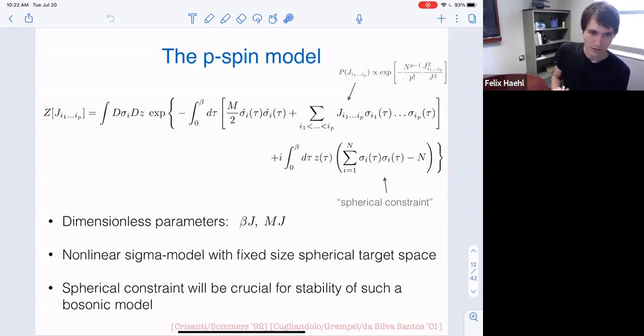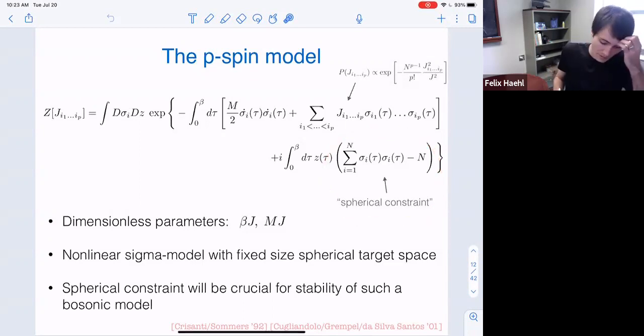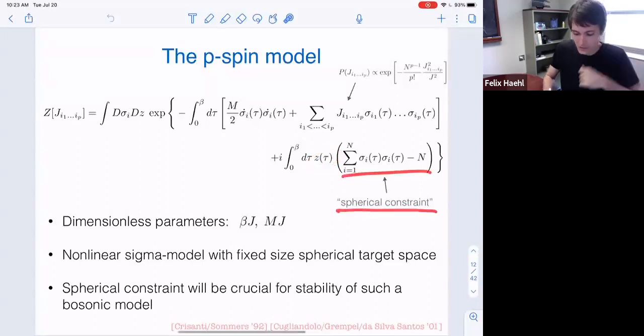It's a sigma model because of this constraint that says that these spins are essentially the coordinates on a high dimensional sphere. Okay, so I'm going to refer to this as the spherical constraint that we implement here in this partition function using a Lagrange multiplier Z. So there's a Lagrange multiplier field which implements the constraint that these sigmas should lie on a sphere.